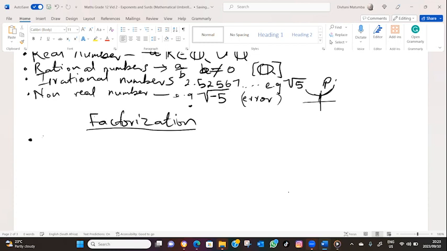Let's say, for instance, if I have 8x squared minus 4xy squared, this will be, if I take out the common factor, 4x into 2x minus y squared. That's it.